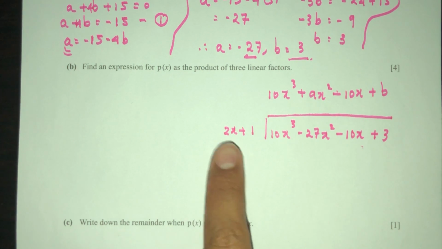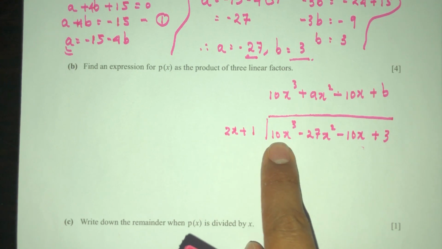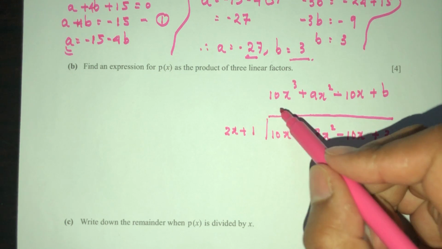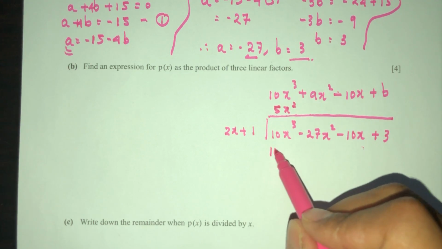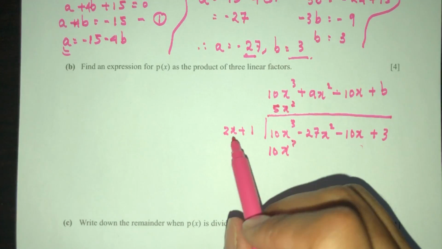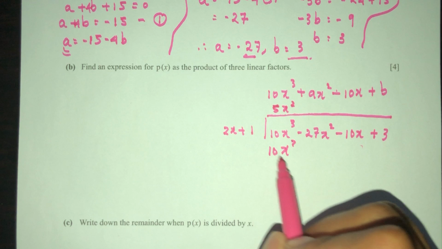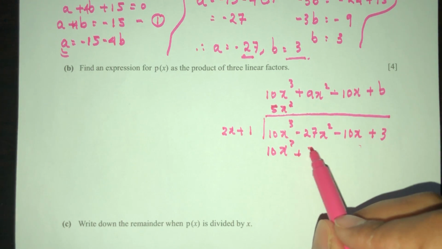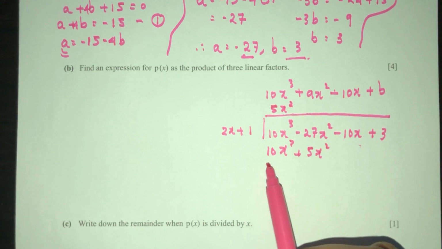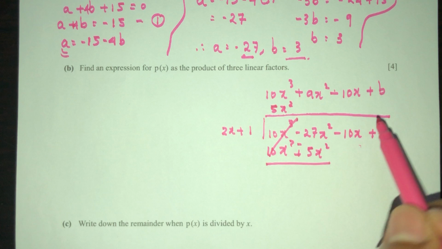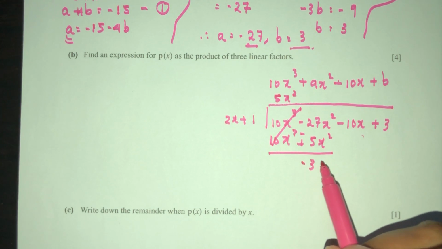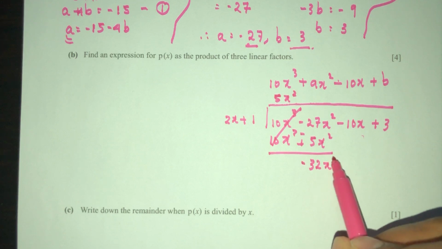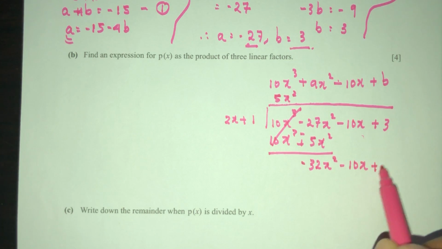Now we have to apply long division if you want to. So one by one, how can you make 2x become 10x cubed? You have to multiply by 5 first, and then by x squared. That will become 10x cubed. So this multiplied by this, you will have 10x cubed plus 5x squared. This will go away. So minus 27 minus 5, that will become minus 32x squared minus 10x plus 3.